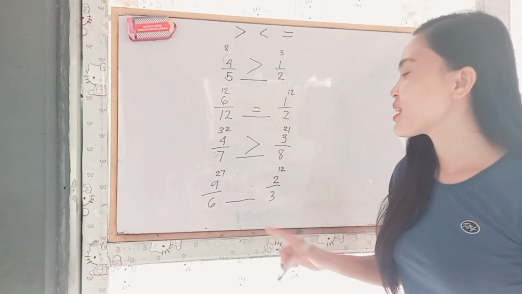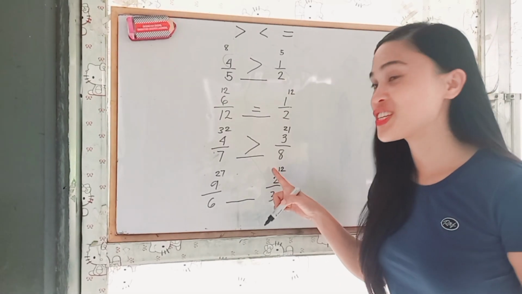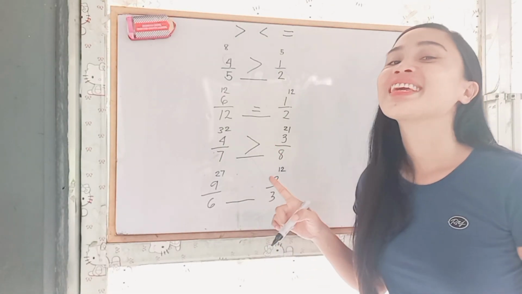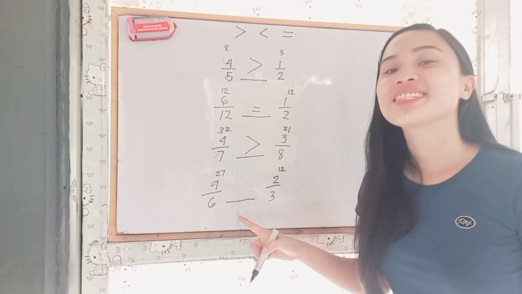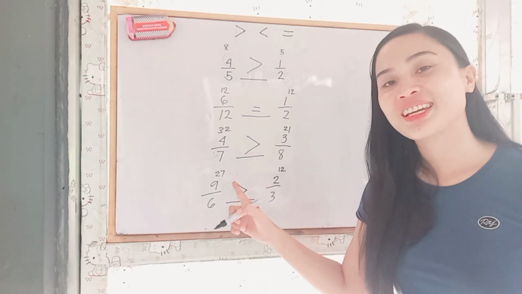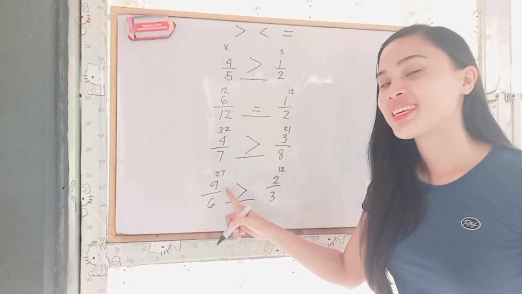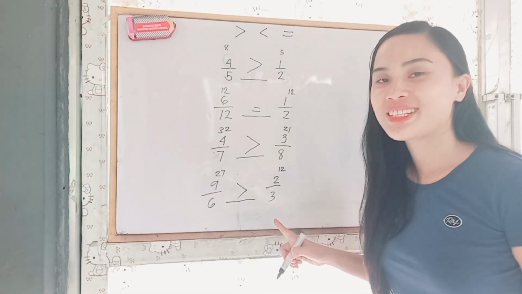Okay, so compare their products. 27 and 12, which is greater? Yes, it's 27. Therefore, the mouth of the shark will face the greater fraction. 9/6 is greater than 2/3.